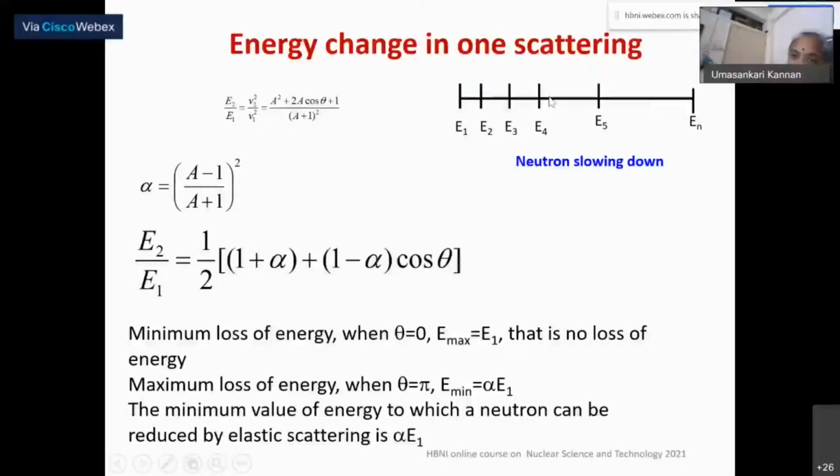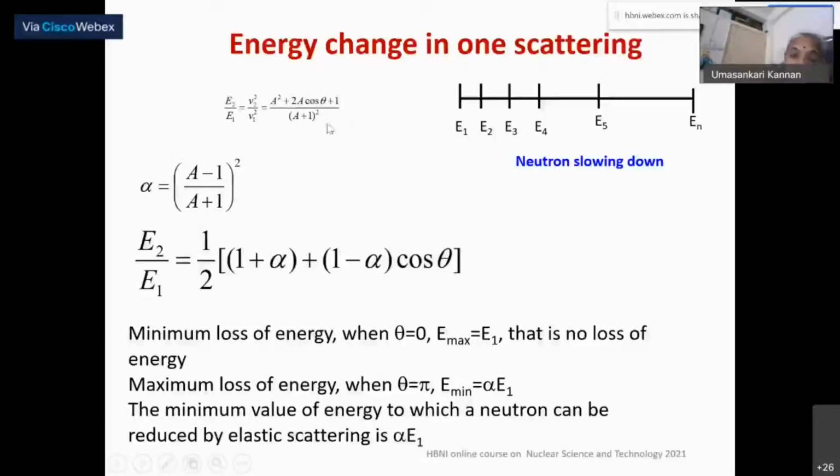Now it has to be slowed down to thermal energies to cause thermal fissions. So if E1 is the energy in MeV, you can see that at each collision it loses some energy. I have tried to plot this on the neutron energy scale. And finally, we have this neutron as a thermal neutron, which could cause fission.